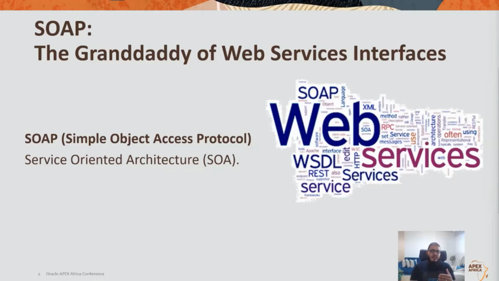This gives it the advantage of being an established legacy protocol. SOAP was the first widely used protocol for connecting web services in a service-oriented architecture, or SOA. SOAP is almost always confined to legacy applications and projects, and over time its use is declining.